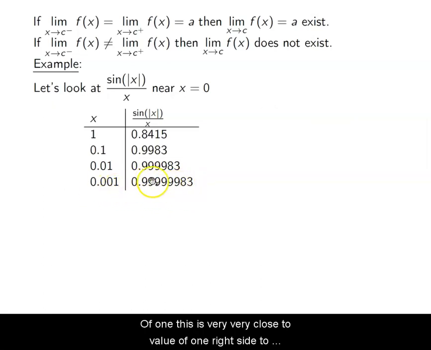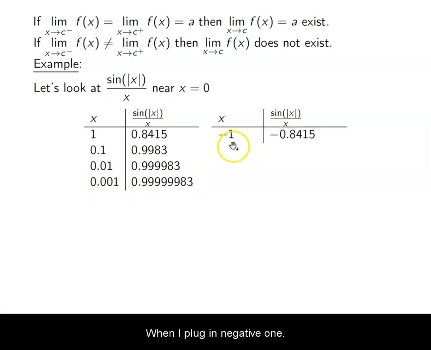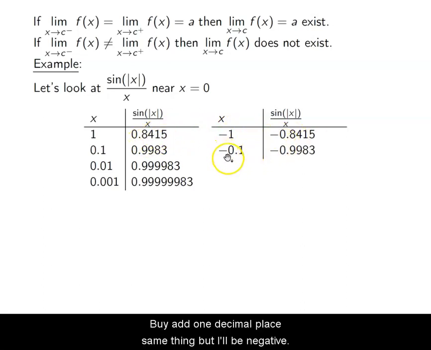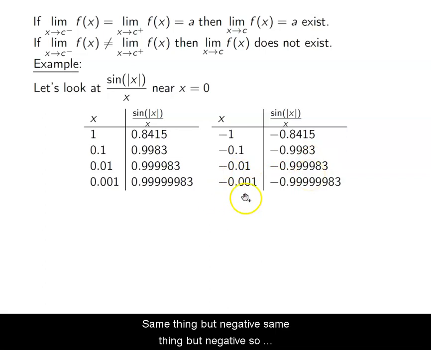This is very, very close to a value of 1, right? So as I get very close to 0, I'm getting closer and closer to an output of 1. When I plug in negative 1, I get basically the negative of what I had before. If I add one decimal place, same thing, but negative.